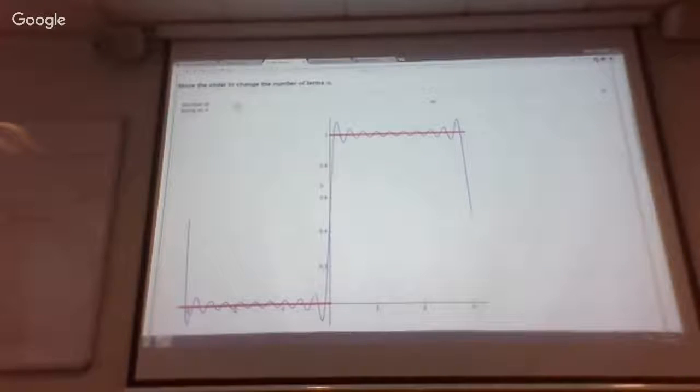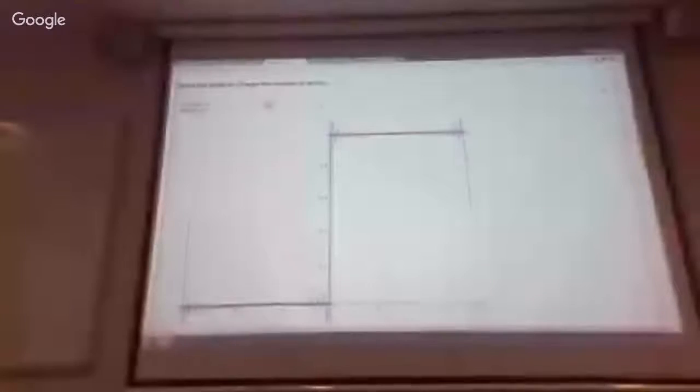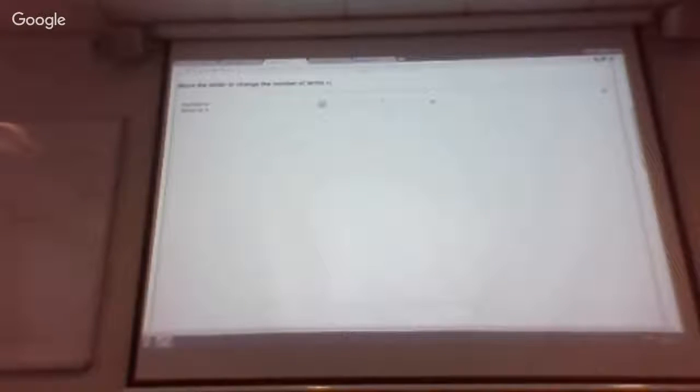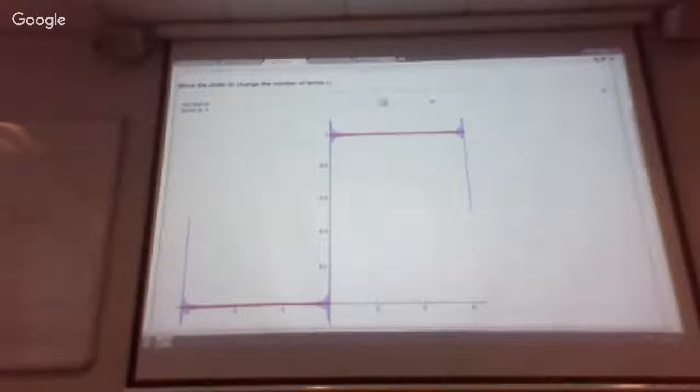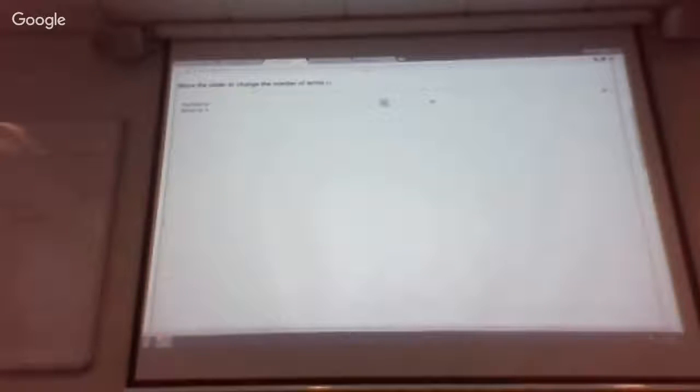Okay, there's one of the partial sums, that blue function. It's kind of close to the red function. It's still a fair distance away from it. But as you go further out along the sequence of partial sums of the Fourier series, you're getting a function that is a better and better approximation to the original function. It's closer and closer to the original graph.